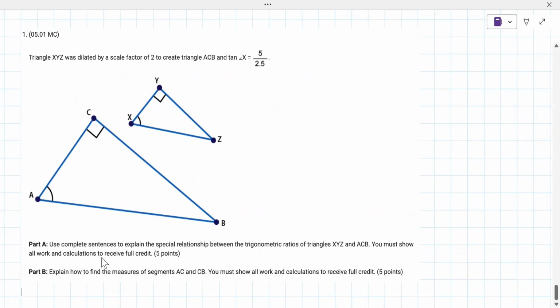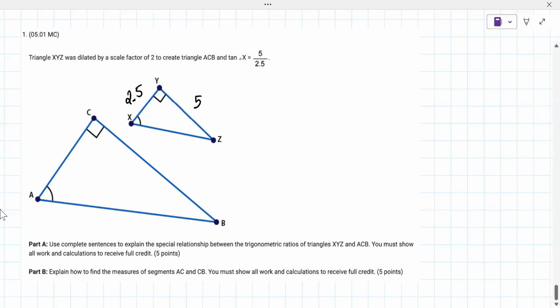Let's say the tangent of X is 5 over 2.5. That's what they're saying. Now, those aren't the actual lengths. That's just the ratio of the sides.